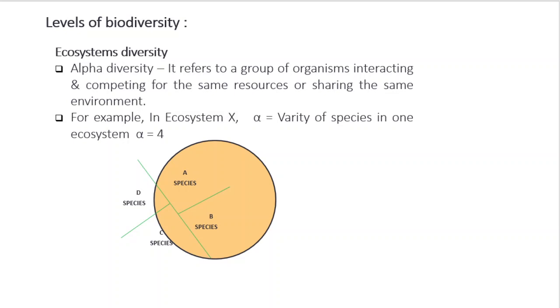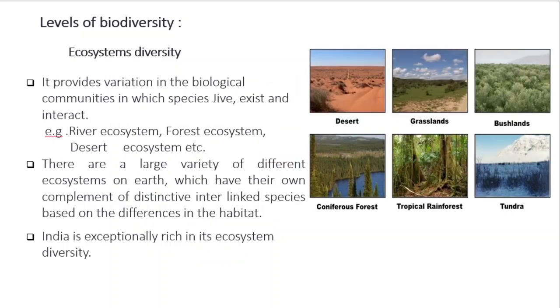Alpha biodiversity refers to a group of organisms interacting and competing for the same resources or sharing the same environment. For example, in ecosystem X, alpha is the variety of species in one ecosystem, and that alpha is equal to 4. What happens in alpha diversity? Suppose we are seeing a desert, which is one kind of ecosystem.